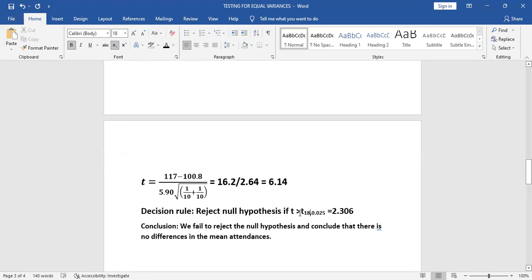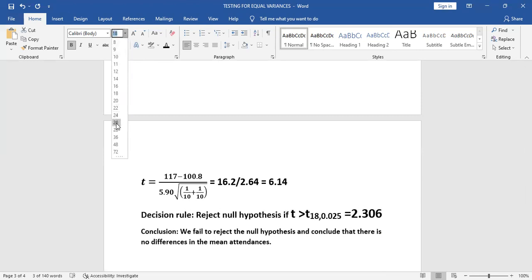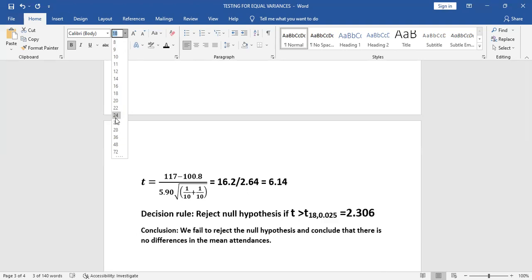Let me enlarge this. If T is greater than T18 at 0.025, which is equal to, I'll look for that one.